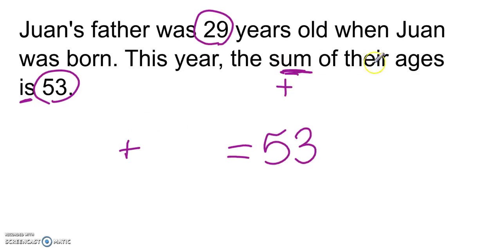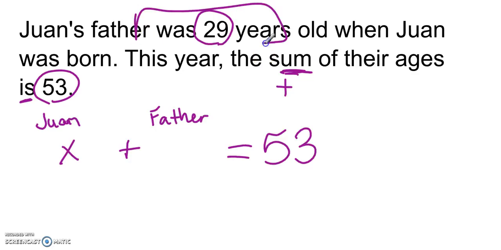Well, what we know is it's the sum of their ages. So I have Juan and I have his father. Those are the two pieces that I'm looking at in order to get my total of 53. Juan, we don't know his age, so it would just be x. Juan's father, on the other hand, was 29 when Juan was born, so it would be whatever Juan's age is plus 29 that makes up his father.